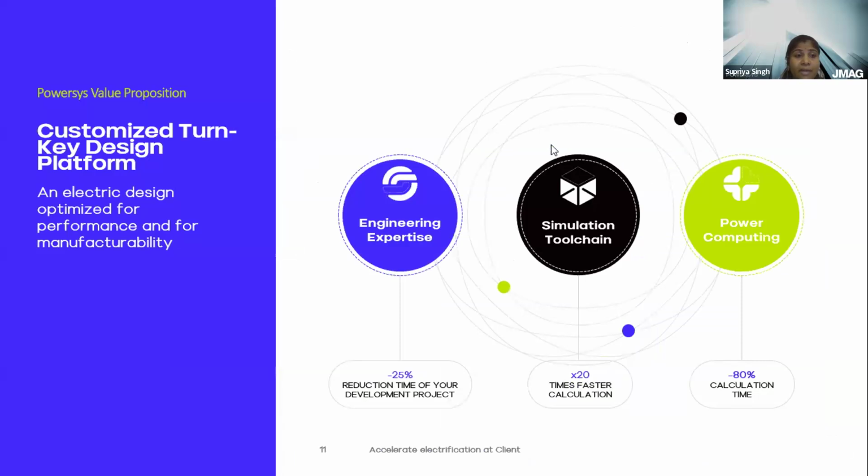In terms of value proposition, we offer electrical design optimized for performance and manufacturing, and for the reduction of your project and development time, we are 20 times faster with the simulation and calculation from the HPC platform as well.